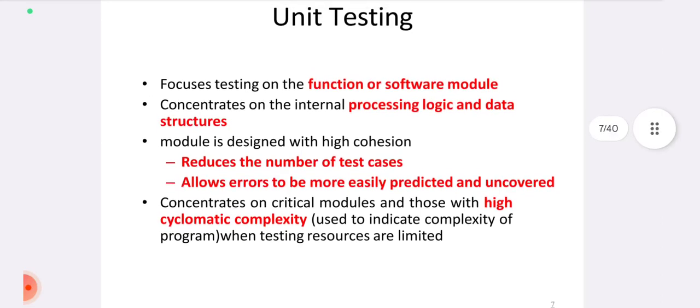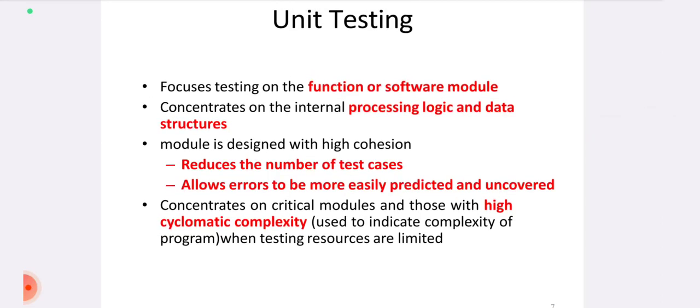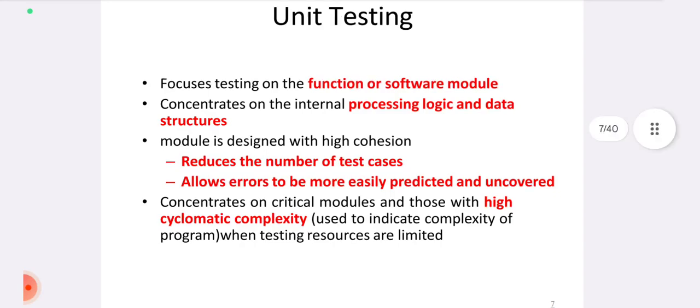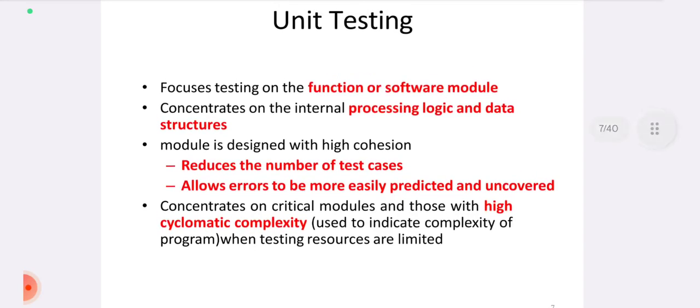So the correction in the particular module should not affect the code or performance of another module. This is called independency among modules. In specific terms, we can call it cohesion. So independency between modules will be called cohesion.